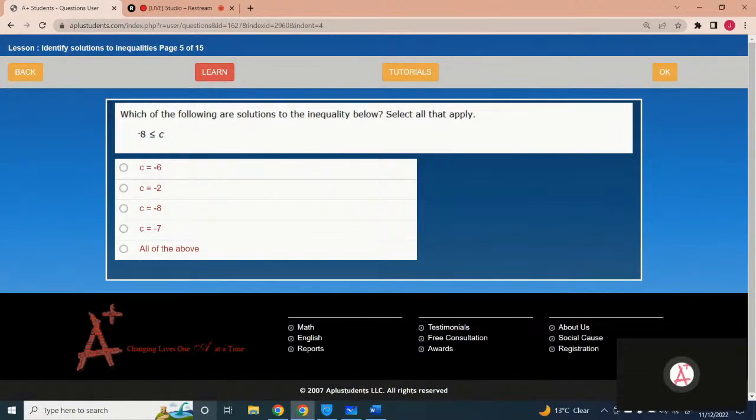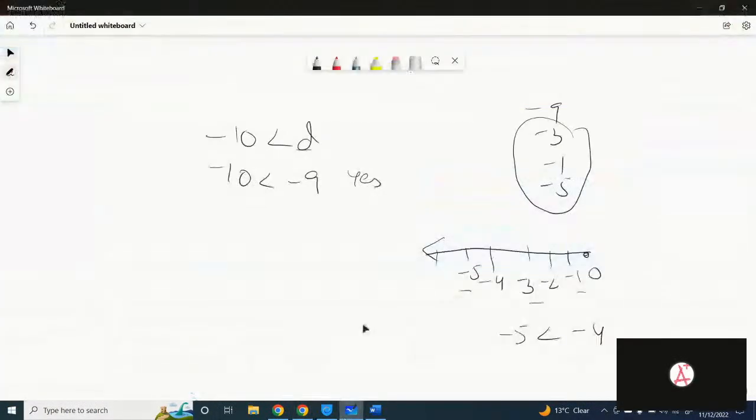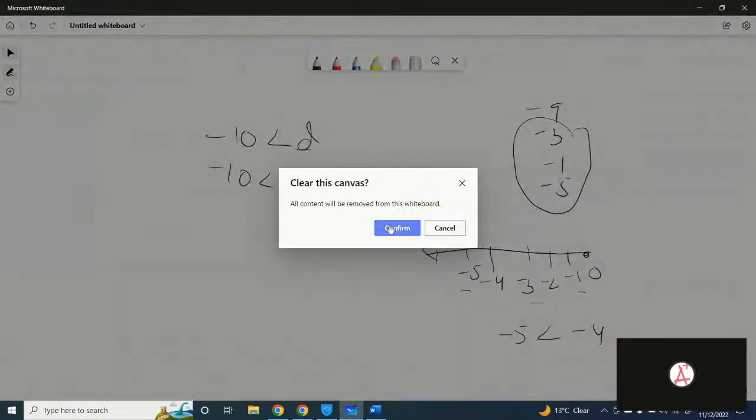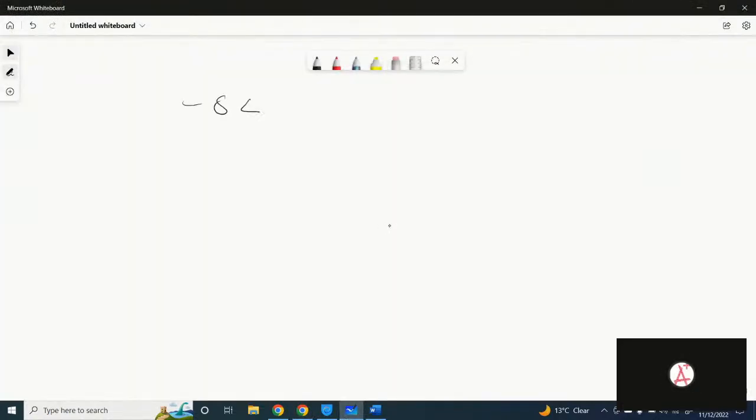Okay, the next one is negative 8 is less than or equal to c. The values are negative 6, negative 2, negative 8, negative 7.